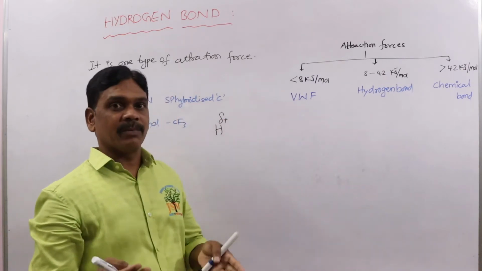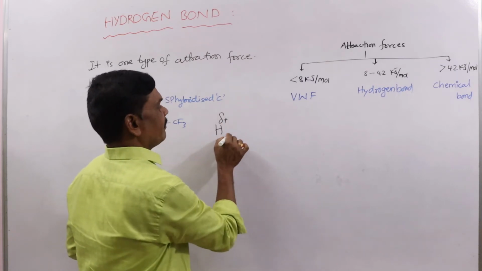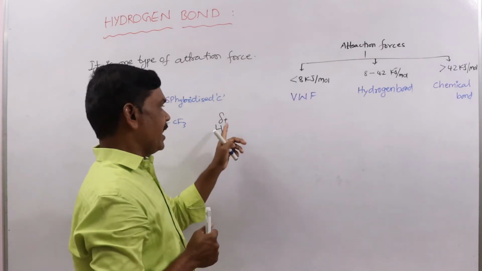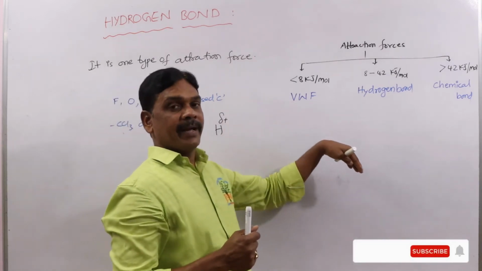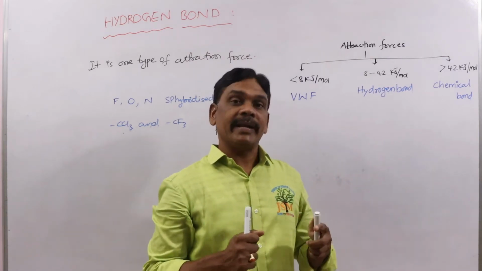That pair is nothing but a lone pair. So once positive charge is formed on hydrogen, it attracts the electron pair of the other atom. Like this, formation of hydrogen bond takes place.